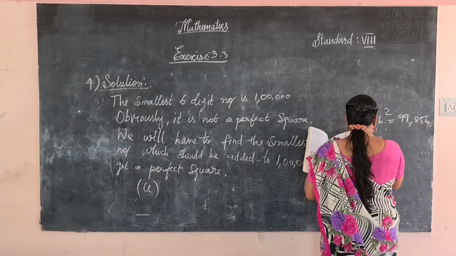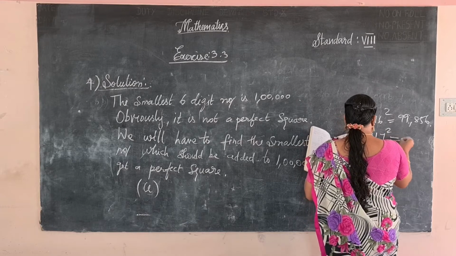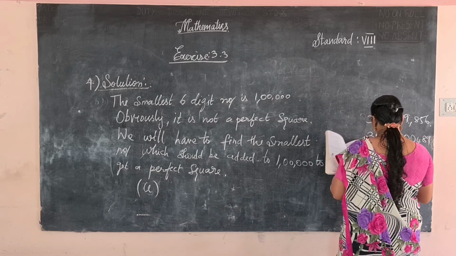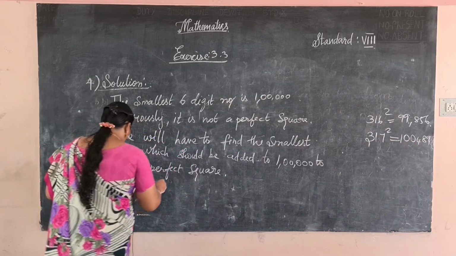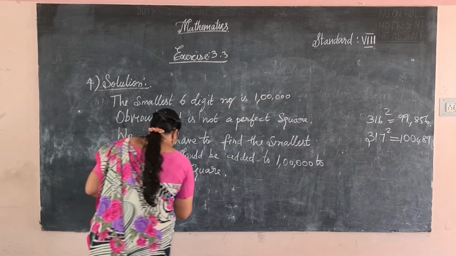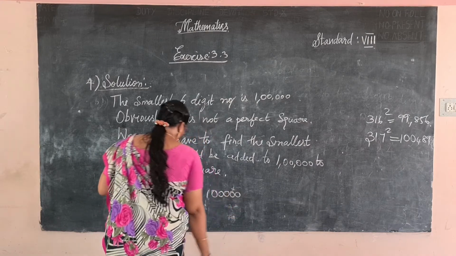So we will try the next number, 317 squared. What do we get? 1,00,489. So 316 squared is less than 1 lakh, and 317 squared is more than 1 lakh.